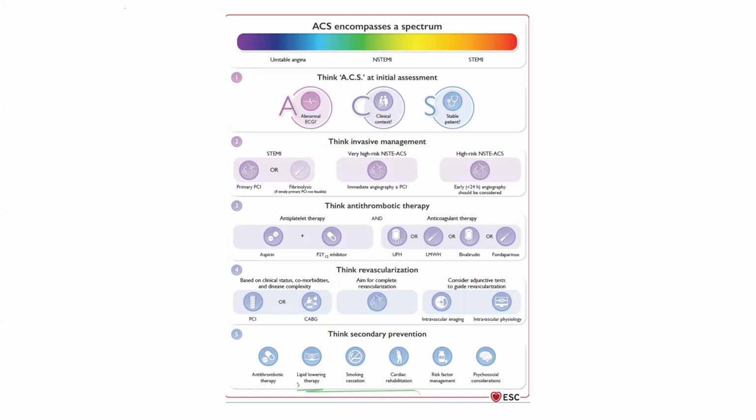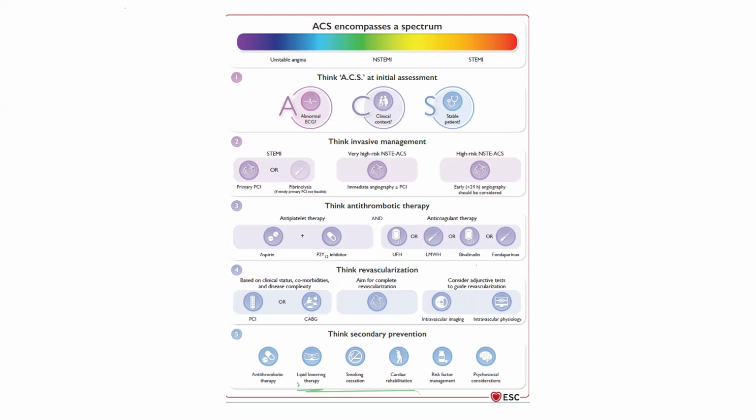If it's a STEMI, you know you're going for immediate revascularization as your option. Preferably, the patient is reporting within 12 hours. Beyond 12 hours, there are indications to still go for immediate revascularization in STEMI, which we'll get to know in the guidelines. If the facility is PCI enabled, you do your primary PCI. If not, and more than 120 minutes, you thrombolyze if no contraindication and refer to a facility.